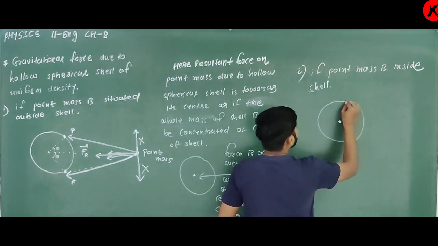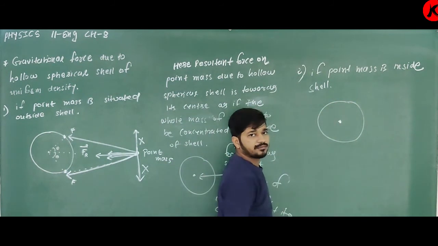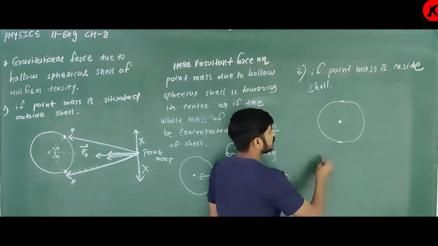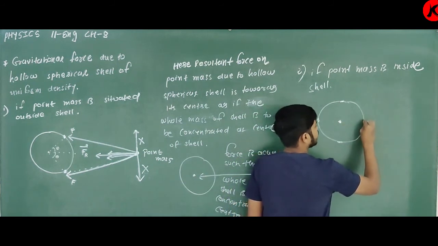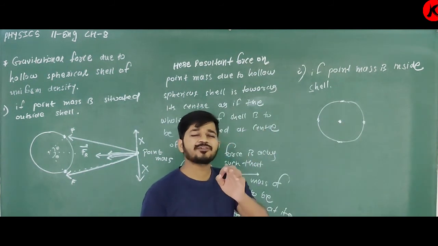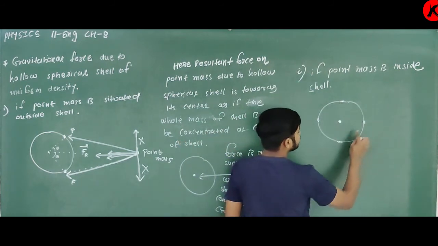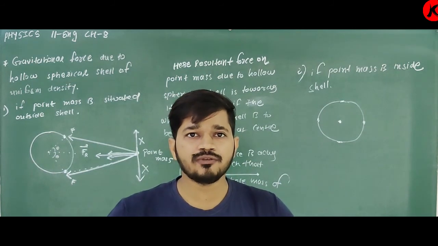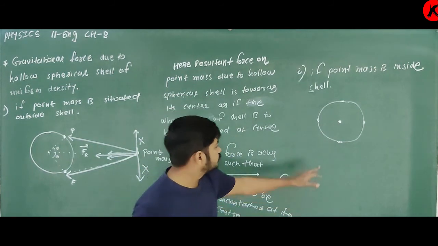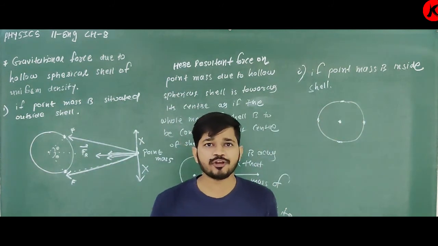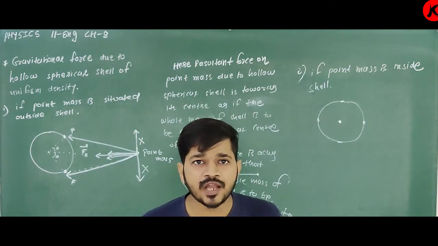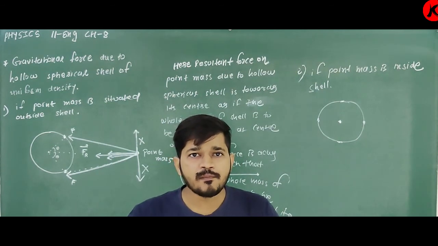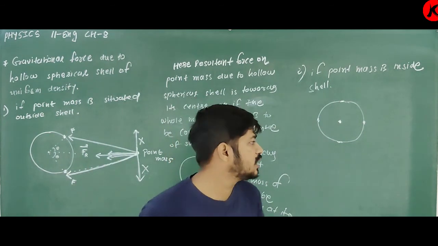Again I can divide this spherical shell into a number of elements. I am taking one element here, another element diametrically opposite, one element here, another element here. Now just find the direction, because I am taking these elements of the same mass. All these elements are on the surface, so the distance is also the same. If mass is the same and distance is the same, the magnitude of gravitational force is also the same.